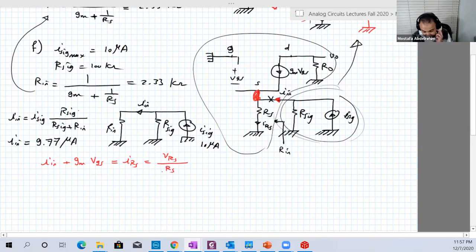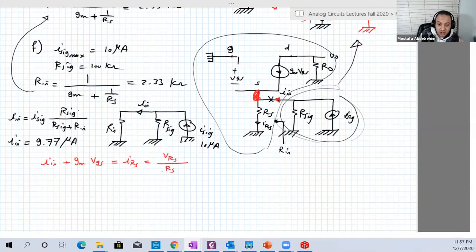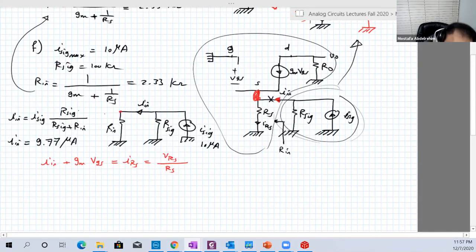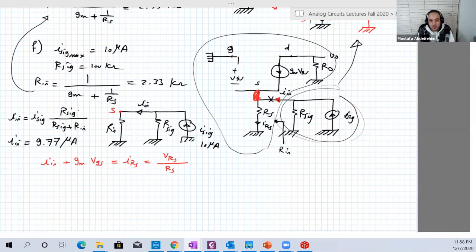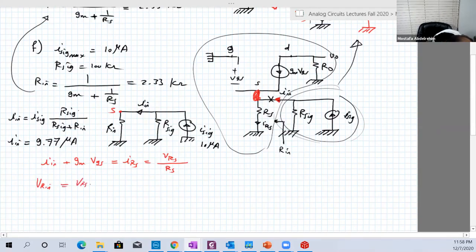What is VRS? VRS, the voltage across RS, is actually the voltage of the source, right? Because one terminal is ground and the other terminal is the source. If we go back, I input is flowing in R input, and R input has two terminals. The source is one of the terminals, and the other terminal is the ground. So the voltage across R input is actually the voltage of RS. So VR input is actually VRS.